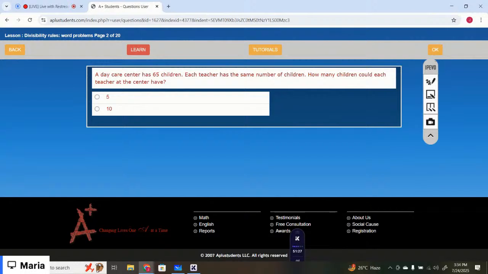The correct option is option number 1 because 65 is divisible by 5. So option number 1 is the correct option.